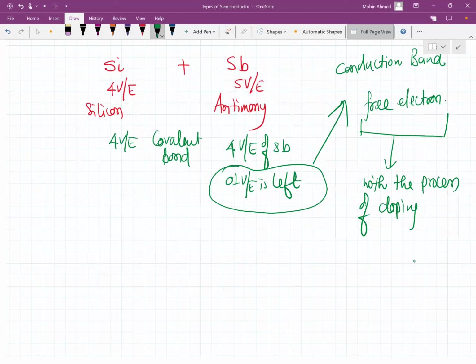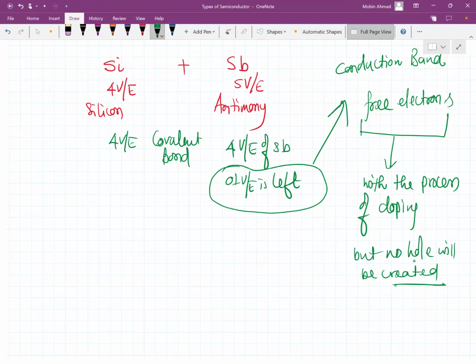Free electrons will be created by the process of doping, but no hole will be created. Remember this. Only the free electrons are being created.